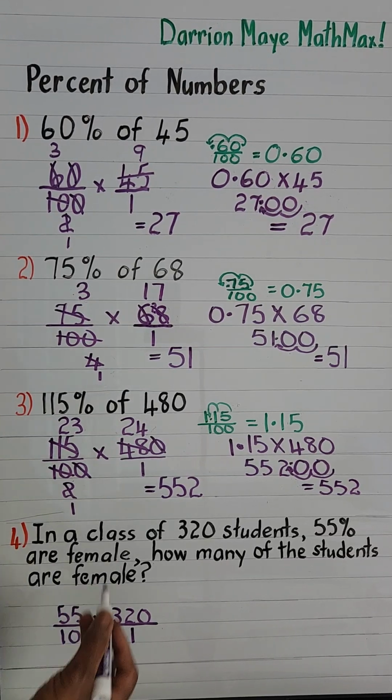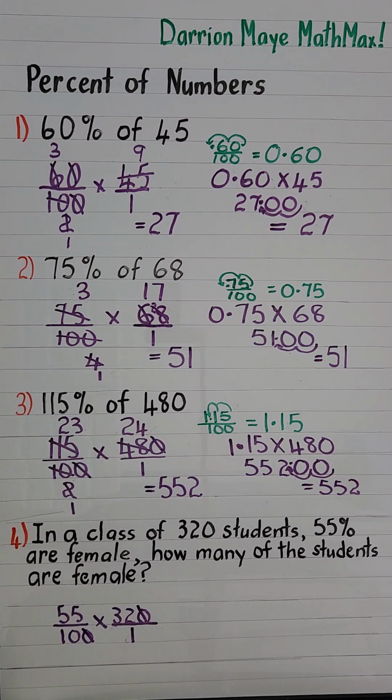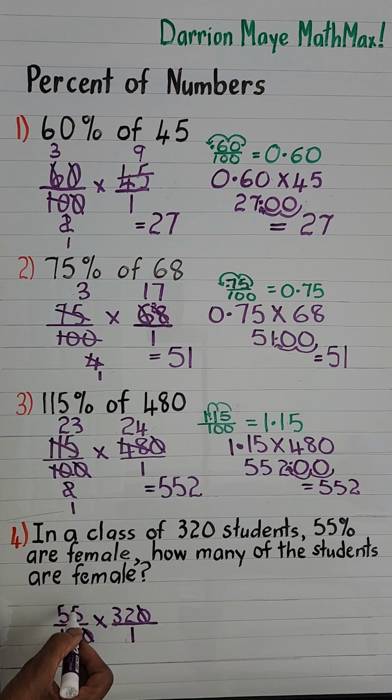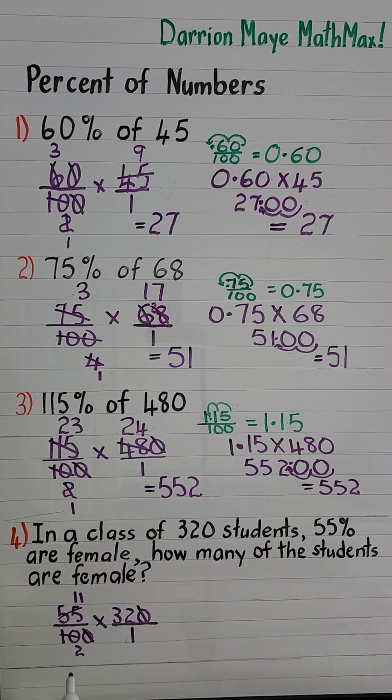And cross multiply, divide by 10. So this 0 cancels that 0. And then we're going to divide by 5. And that is 11, and this is 64, and then we divide by 2.